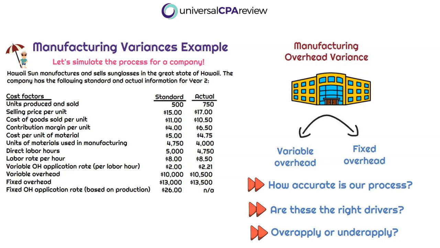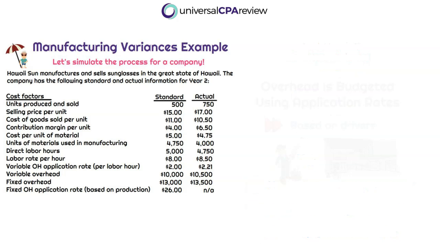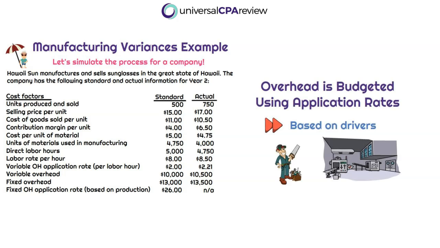Are they accurate? Are they using the right drivers? Did they over-apply or under-apply overhead? So that's what we're going to try to understand. And one thing that I want to make very clear is that both variable and fixed overhead, it's budgeted based on a standard application rate. Now the company, they must determine what's the best type or driver for the application.